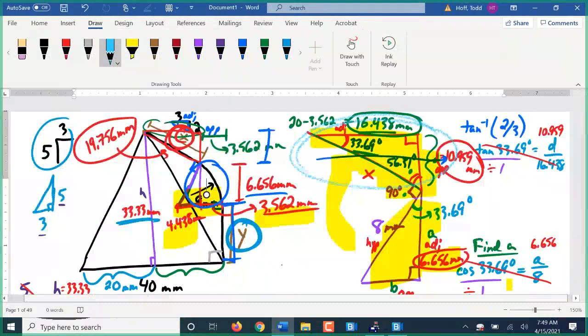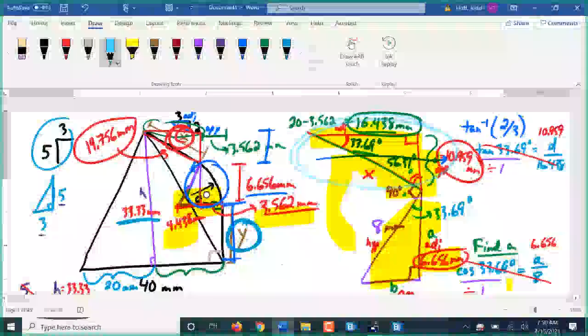We had to set it aside using that information to do other stuff and then come back to it later to find the rest of it. If you're not organized, you're not going to be able to find where to go back to get to those pieces. Now, more of a problem solving and life lesson there than it is a math lesson. But it's very important as we hit these more complex problems that you are able to do that.